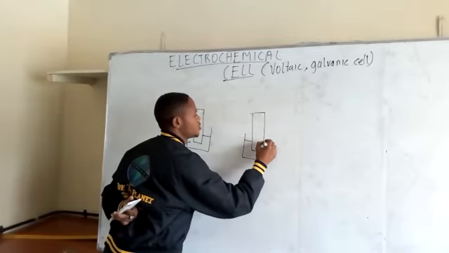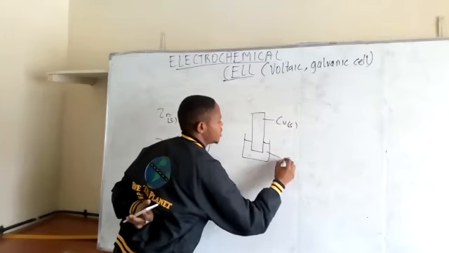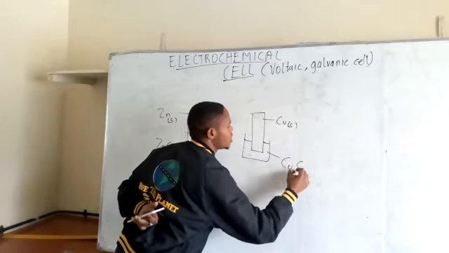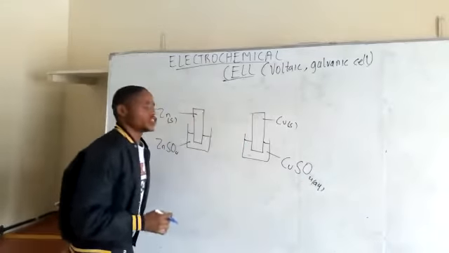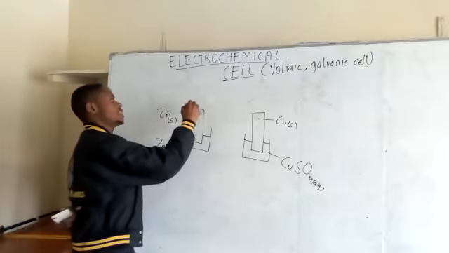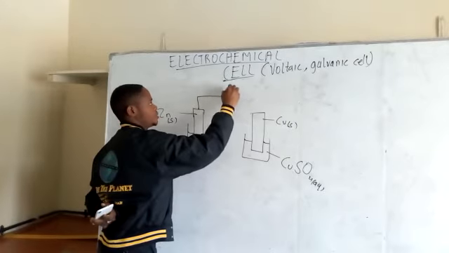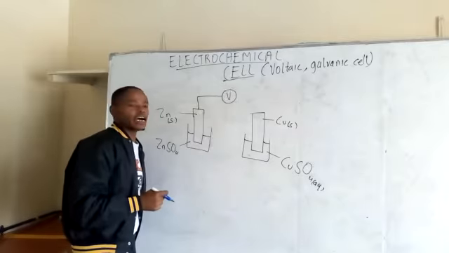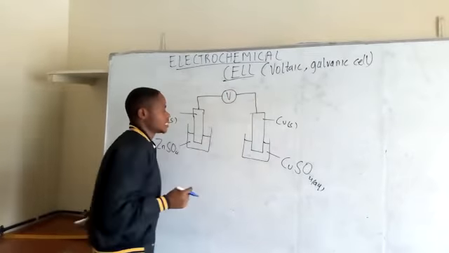In this case I'm going to use copper metal dipped in copper sulfate solution. To connect the two half cells, I'll connect them using a wire, and at some point here I'll ensure I have a voltmeter. Then I connect them like that.